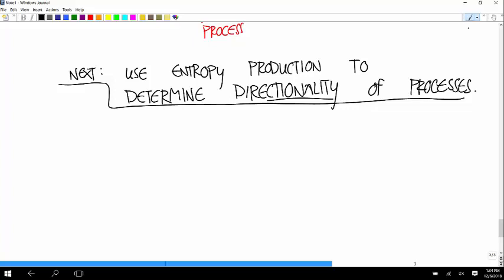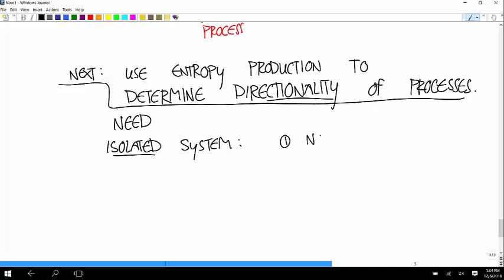So what we need for this is an isolated system. And that means two things.